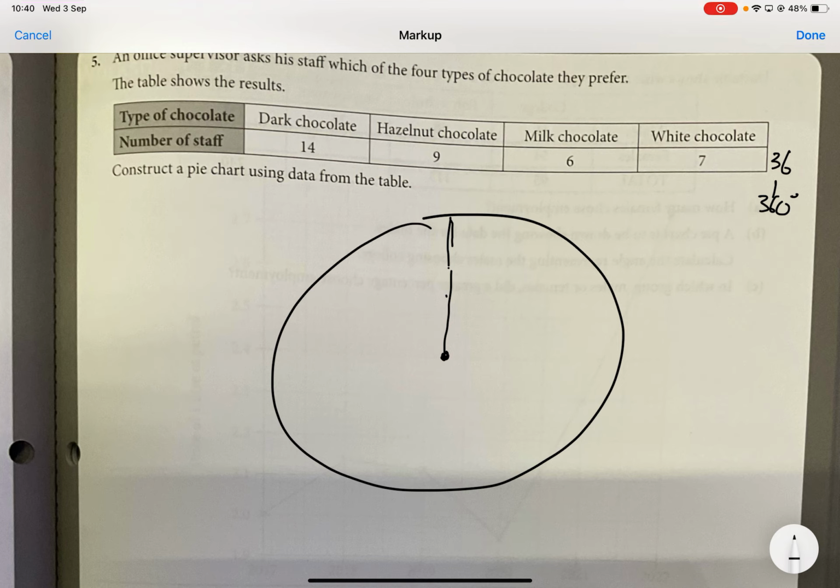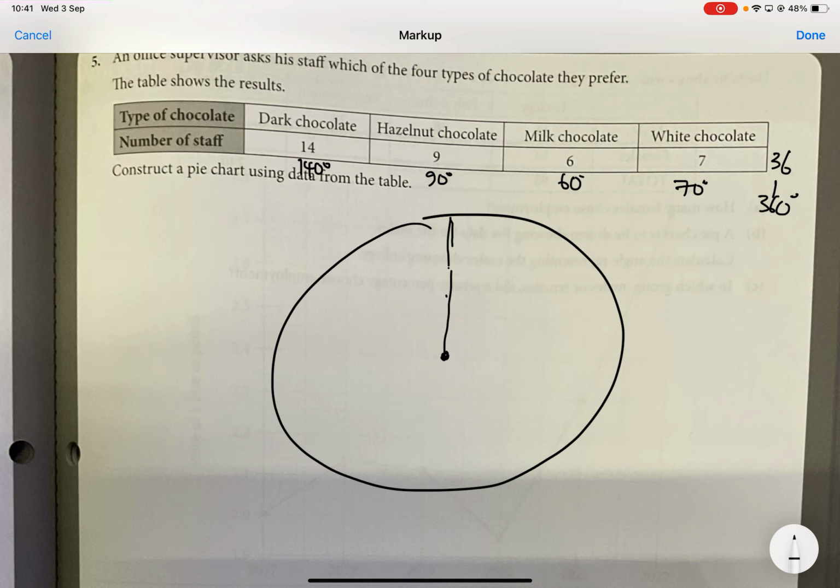Then it's quite straightforward. Every one is 10 degrees, times 10 only. So dark chocolate 14 means 140 degrees. 9 means 90 degrees. 6 means 60 degrees. 7 means 70 degrees. They should add up to 360 degrees.